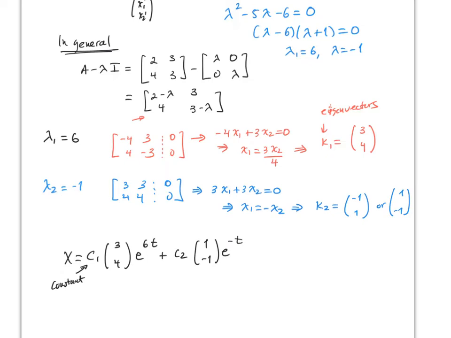And that's the answer. Notice the similarity to what we did before. If before you got, let's say, R1 equals 6 and R2 equals minus 1, then the solution will be C1 e to the 6t plus C2 e to the minus t. So you can see the similarity between the two methods.